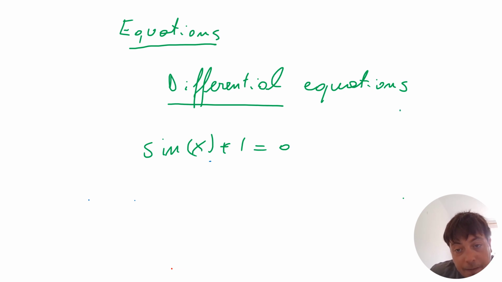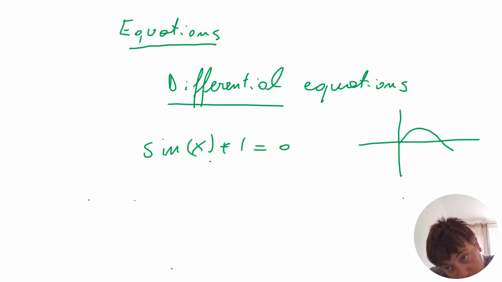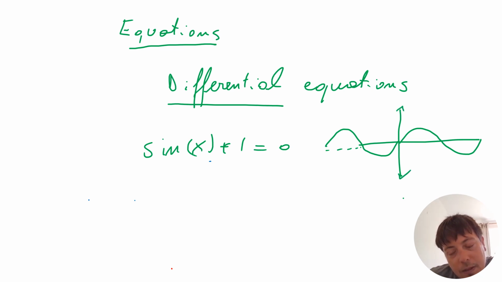So if you remember, the sine is a function which is periodic. It's a nice wave. Sine waves. So if it's periodic, as you already can see, this means that this x will have multiple values for which we get 1, right?